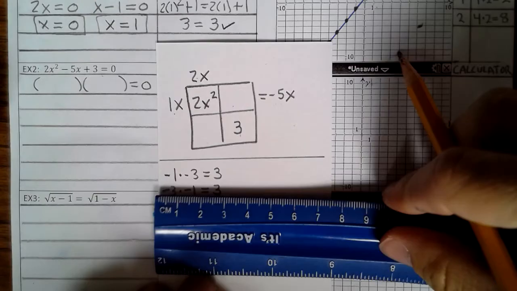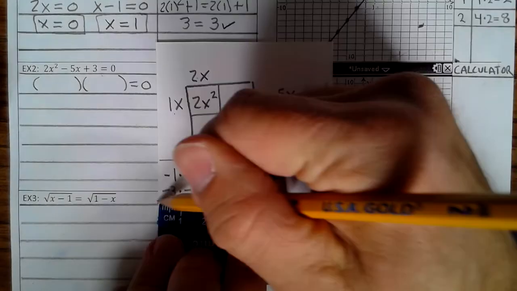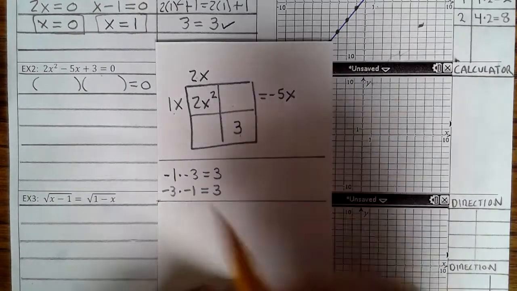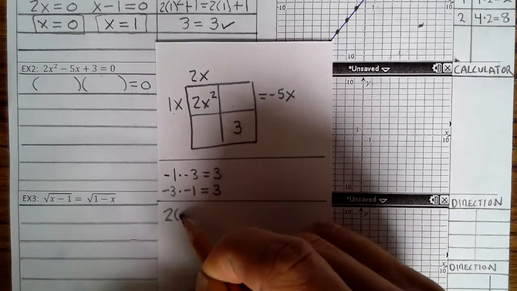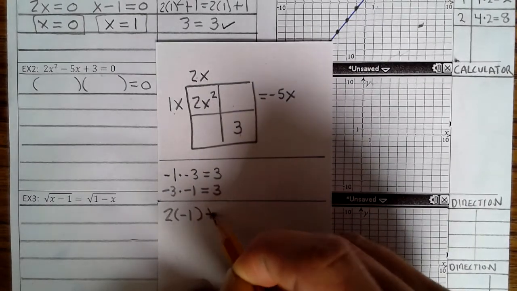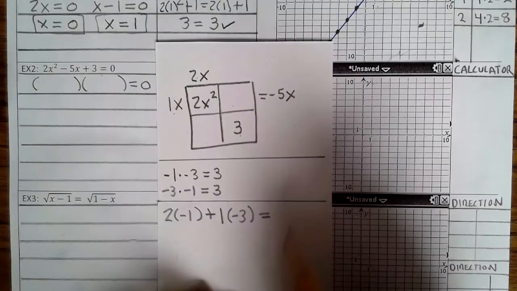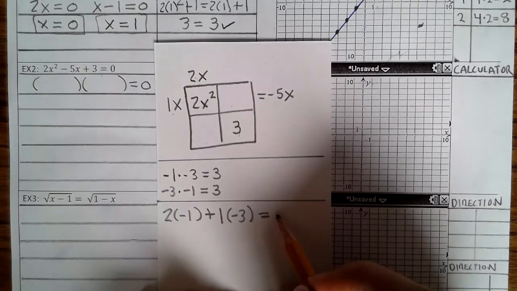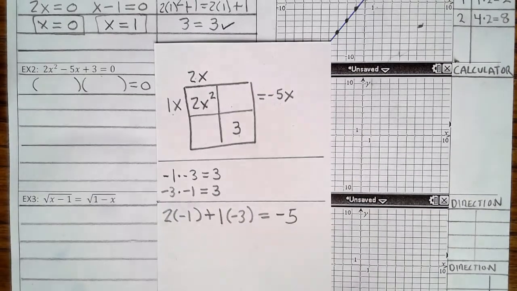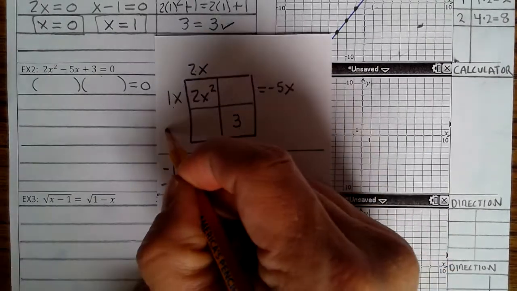So 2 times negative 1 plus 1 times negative 3 equals negative 2 minus 3, which is negative 5. So that works. The negative 1 goes with the 2, and negative 3 goes with the 1.